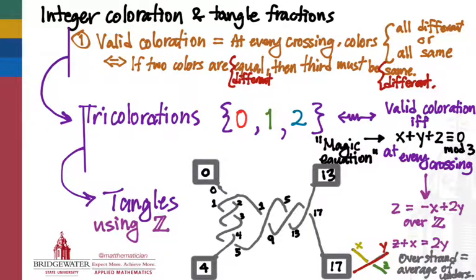So the fact that 0 plus 17 is the same thing as 4 plus 13, that was the diagonal sum rule. Well, what happens if I subtract 4 from both sides and I subtract 17 from both sides? I'm going to find out that 0 minus 4 is the same as 13 minus 17. So that's just a consequence of the diagonal sum rule.